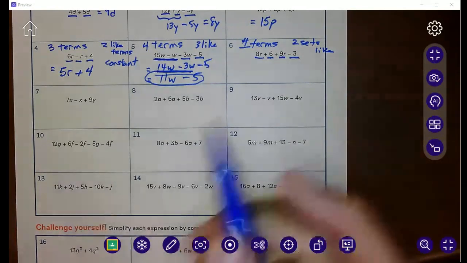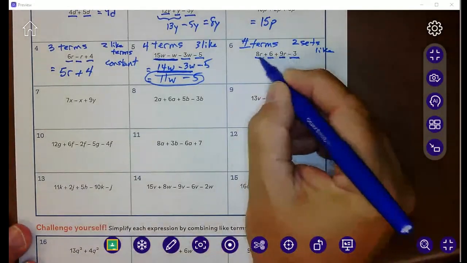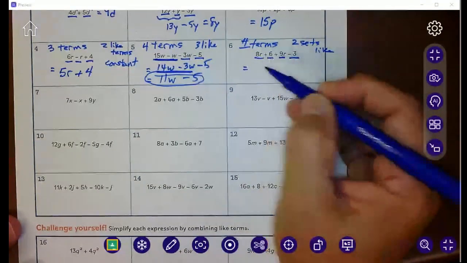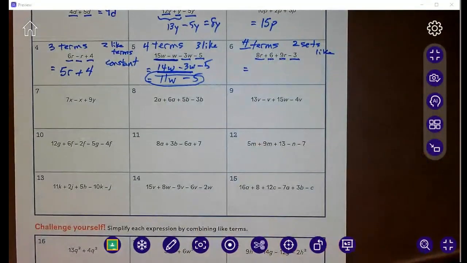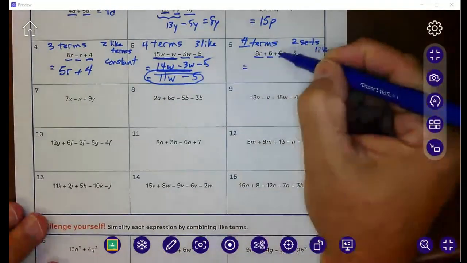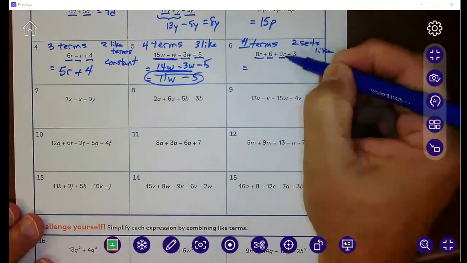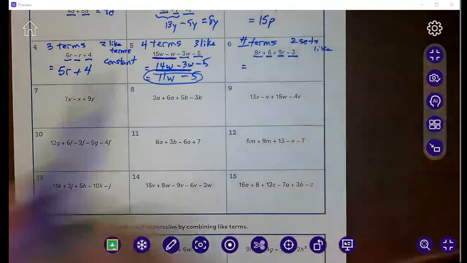Very good. 8R and 9R. Those are one of the sets of like terms. So I can put those together. I can combine those because they are like terms. They have the same variable to the same power.